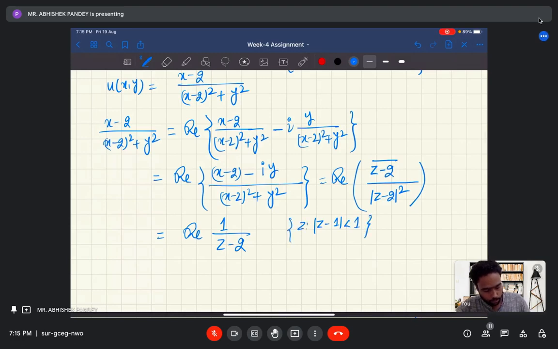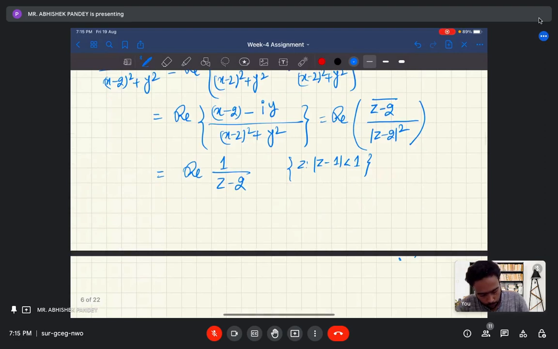So 1 upon (z minus 2) is holomorphic in z such that |z minus 1| is less than 1.